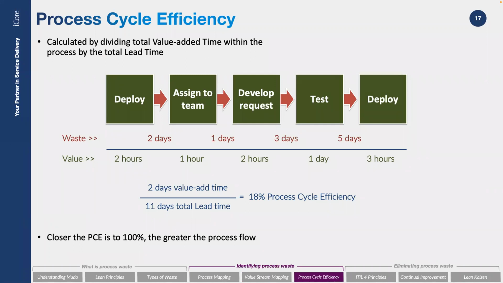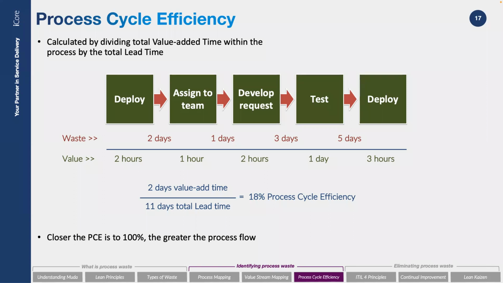So just as an example here, a really watered down value stream map, but we've got the same sort of elements where we've got our waste and our value, which we add up. In this case, we've got 2 days of value added time divided by 11 days of total lead time.